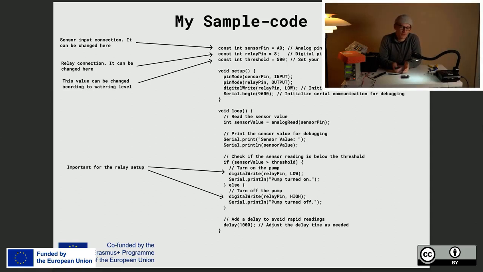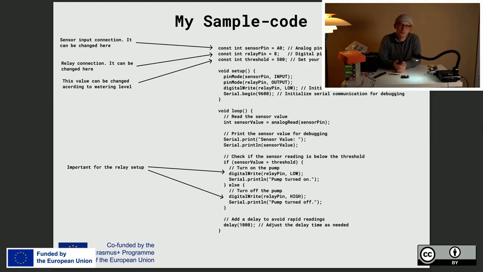Then we see the void setup, which is the code that the Arduino runs just once. And as we might have seen in some of the earlier examples, there's the serial begin code. Serial begin is great. It is the communication between the computer and the microprocessor of the Arduino.